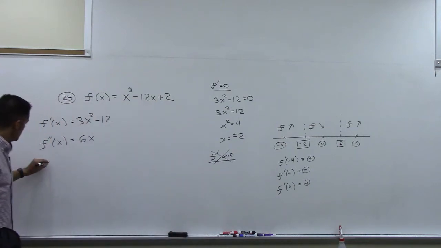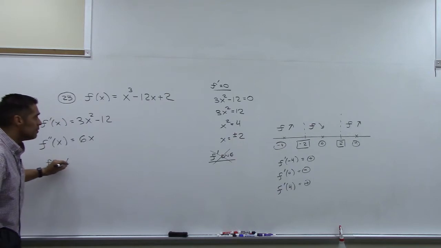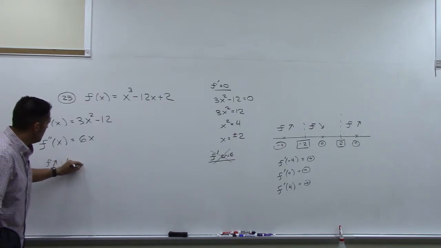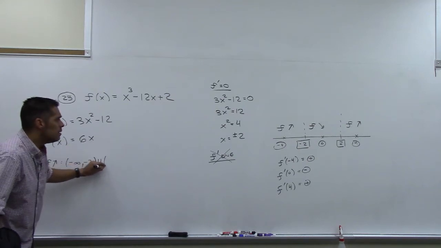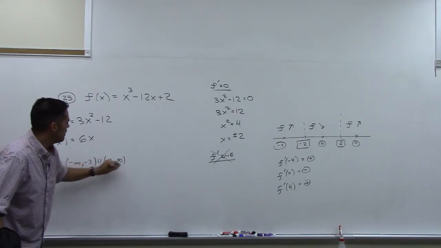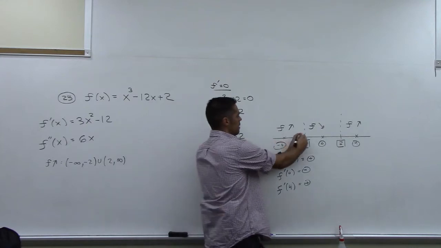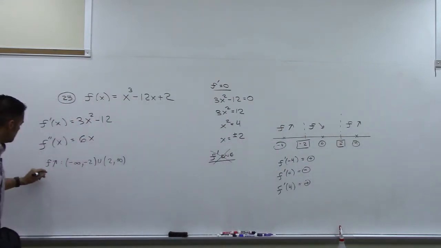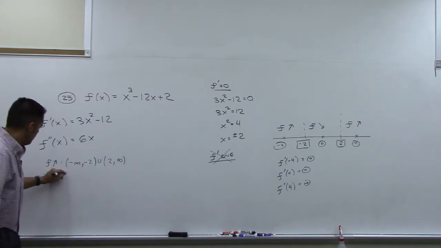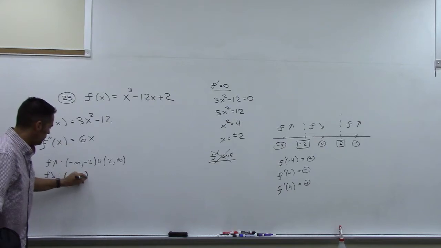Our original function f is increasing on the interval -∞ to -2, unioned with 2 to infinity. Okay, so that's everything here and then everything there. Our original function is decreasing on that middle part. That's from -2 to 2.